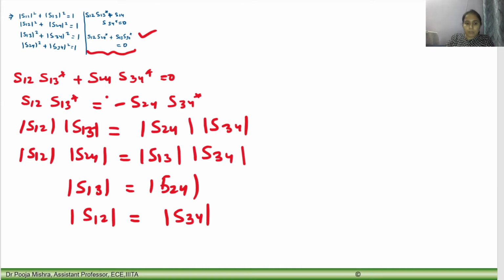Now we have to suppose some values of S13, S12 here, and derive further values of S14, S13, etc. Let's suppose that S13 is real. Because these are equal, let's consider this particular condition, mod S13 is equal to mod S24.